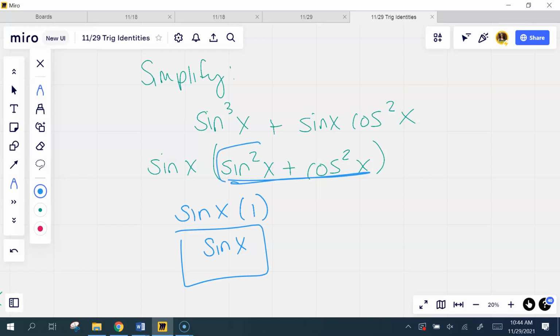This whole piece, anytime you see this, it equals 1. That's as much as I could simplify it. Once you get it down to a single trig function, you're pretty much done.